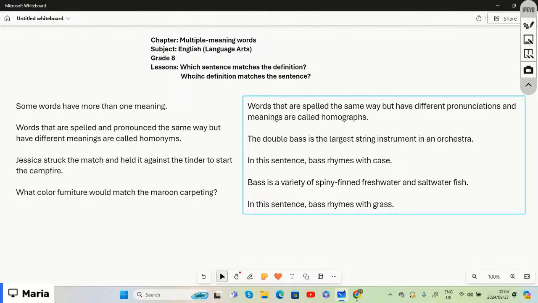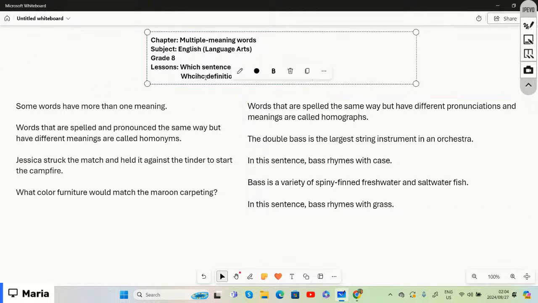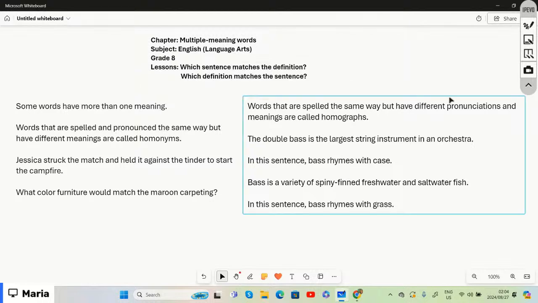And the lessons that we are going to be focusing on under the chapter of multiple meaning words are which sentence matches the definition, and which definition matches the sentence.